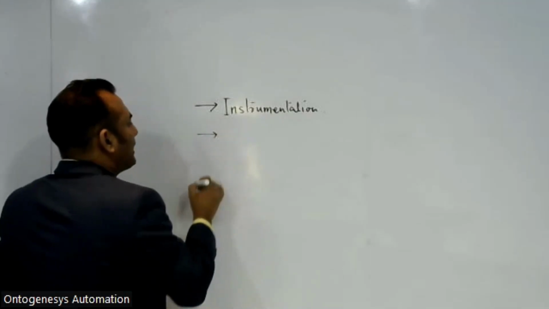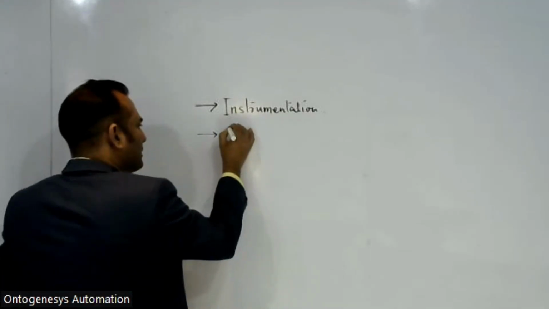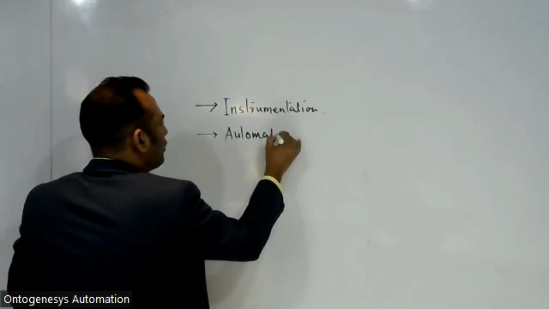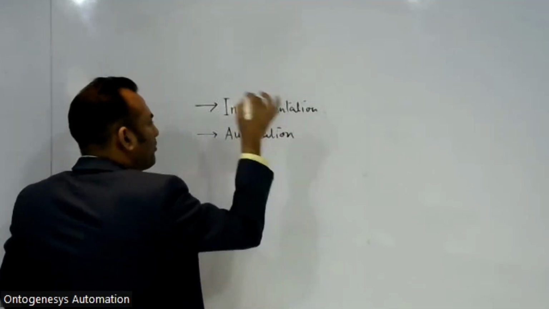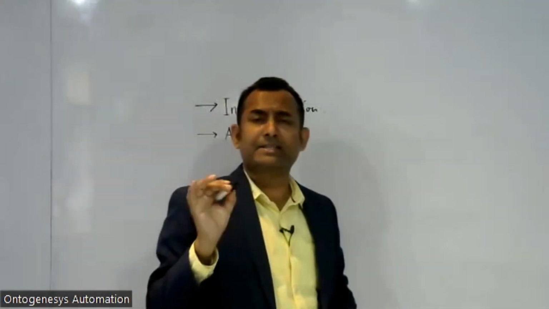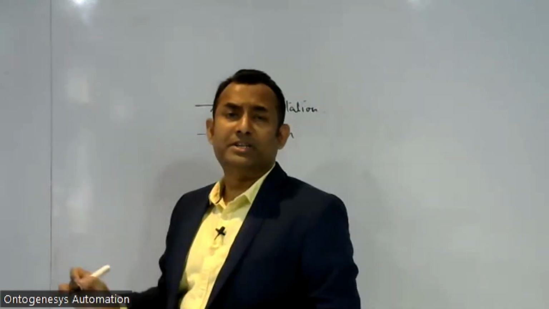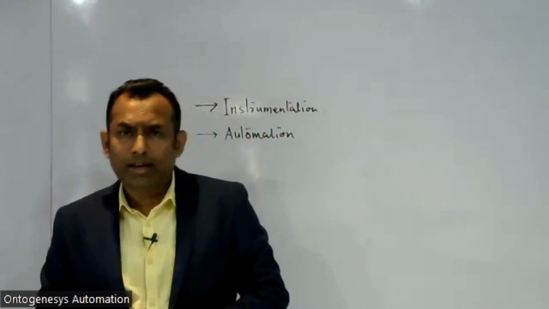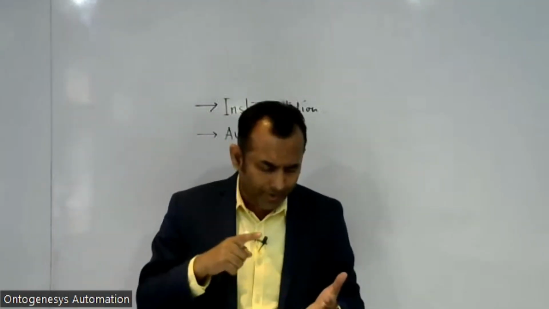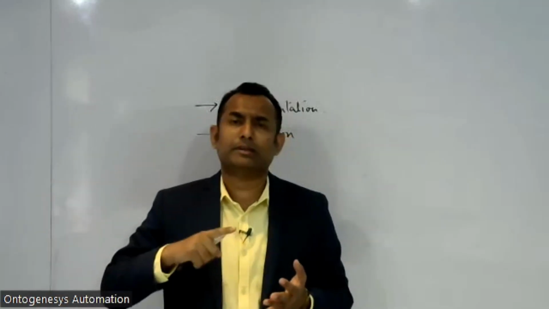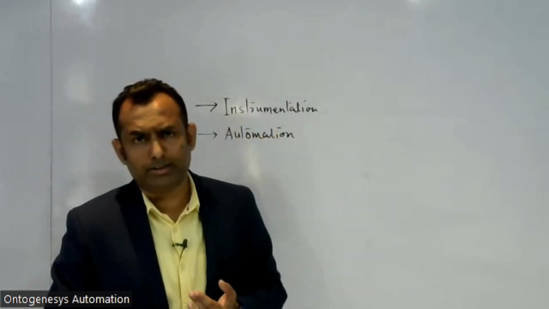The very next part is automation. As we all know, modern industries use PLC, DCS, and SCADA for controlling all kinds of machines. In our power plant, we have big machines like turbines, boilers, and alternators.